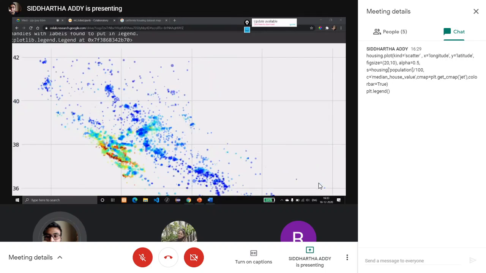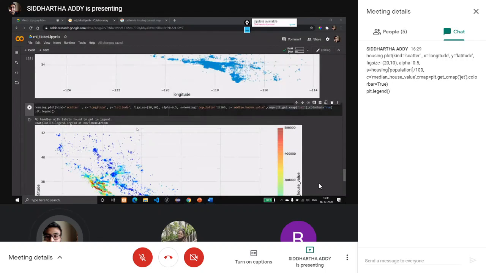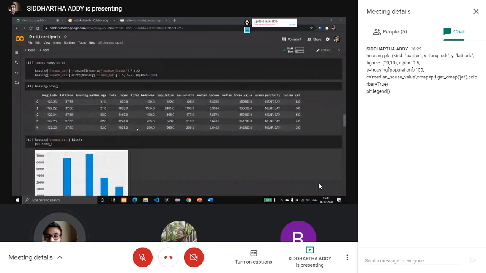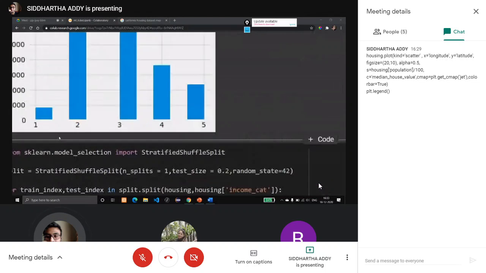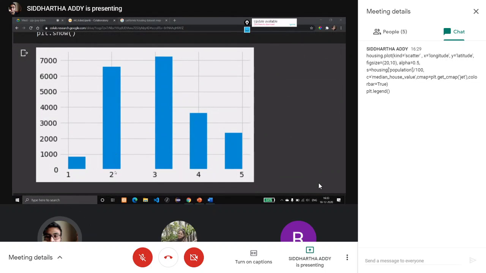So most of the people living in California are middle class. We have also seen this previously, where we showed that the average median income ranges between 2 and 4. It is very important for you to make these kinds of observations.